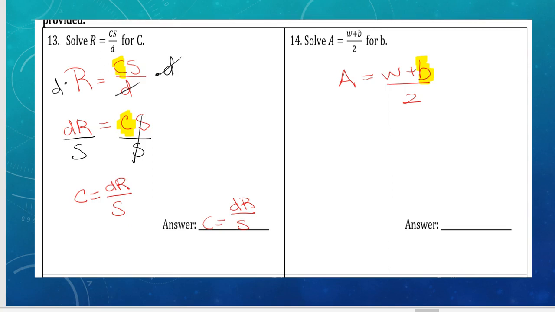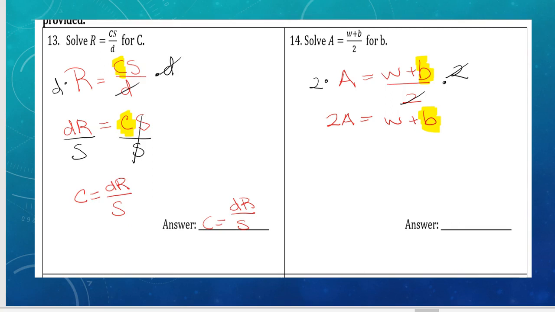So a divided by 2 moves by multiplying by 2. Whatever I do to one side, I have to do to the other. 2 times A is expressed 2A, and then W plus B is left on the right-hand side. We're solving for B, so I need to move W. It is connected with addition, so I'm going to look in front of W to determine how to move it.